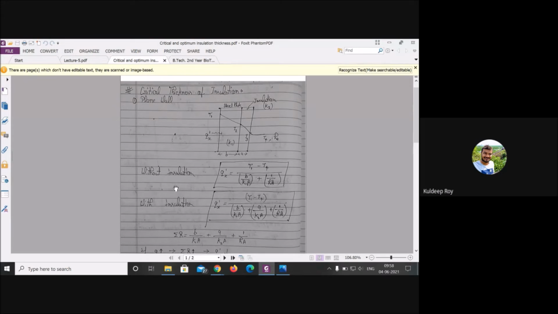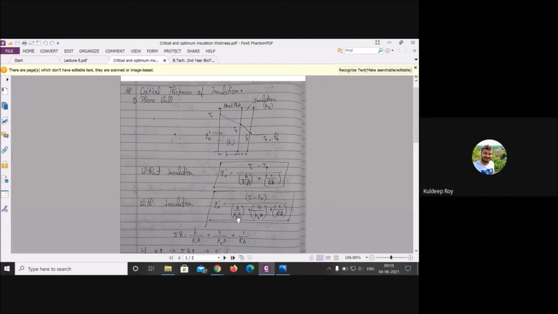When you apply any kind of insulation, then definitely it will apply some kind of resistive force. As I already told, applying any kind of insulation means you are applying some resistance to the flow of heat. Then how are you controlling your heat transfer? T1 minus T4 will be the same because this is your heated part and this is your ambient temperature.